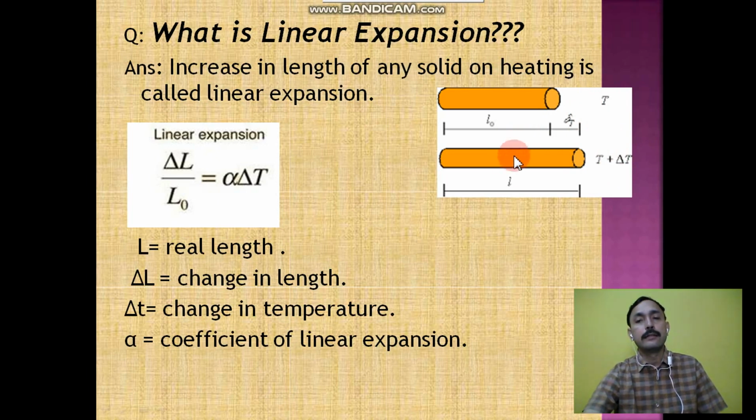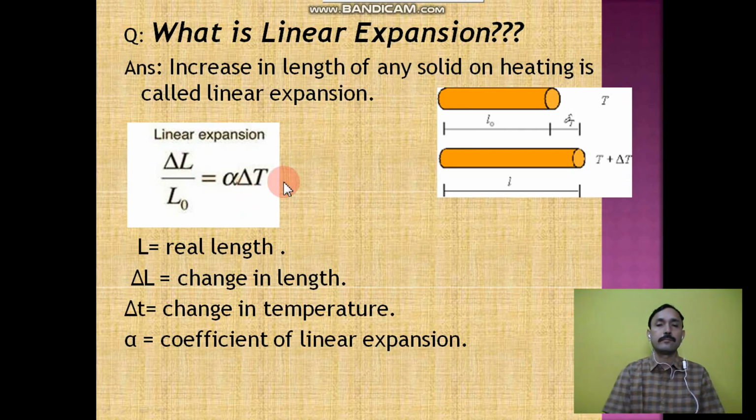So if we write the change in length L minus L0 as delta L, this formula becomes delta L is equal to L0 alpha into delta T. So delta L by L0 is equal to alpha into delta T, where L0 is the original length, delta L is the change in length, delta T is the change in temperature, and alpha is the coefficient of linear expansion.